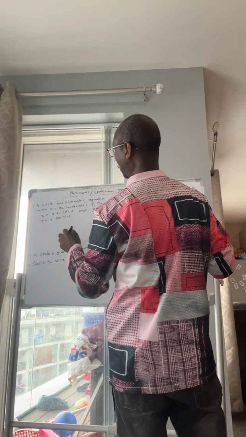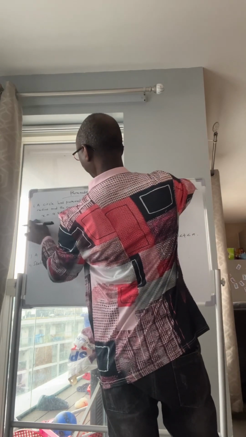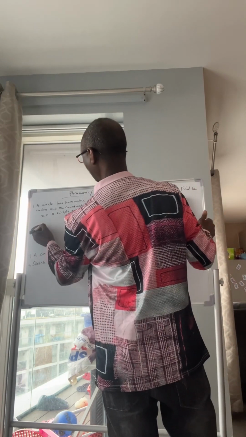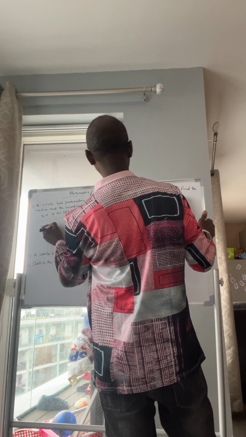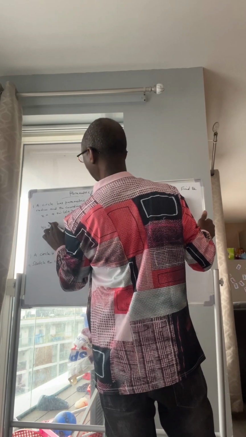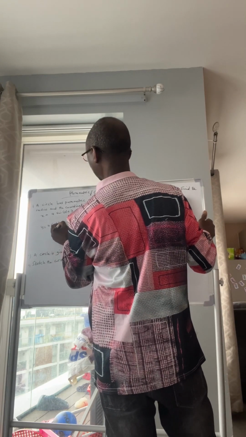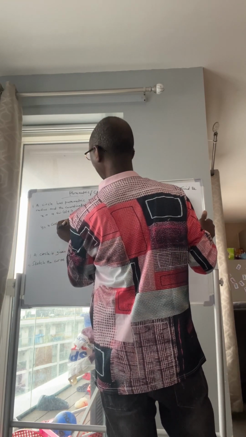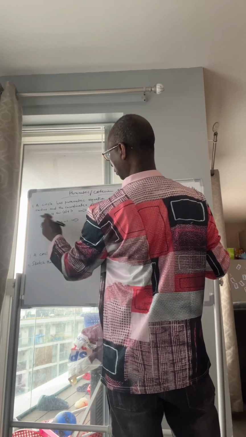Now, what about the y? Here, let me bring it down. We have y equals 4 cosine of t minus 1. So again, you bring the 1 over there.